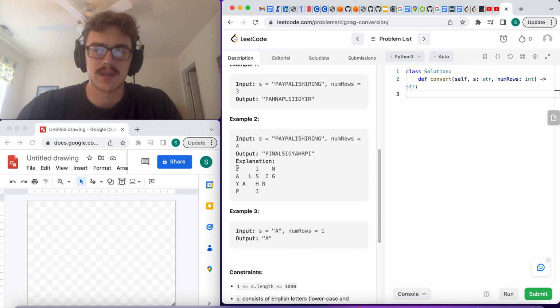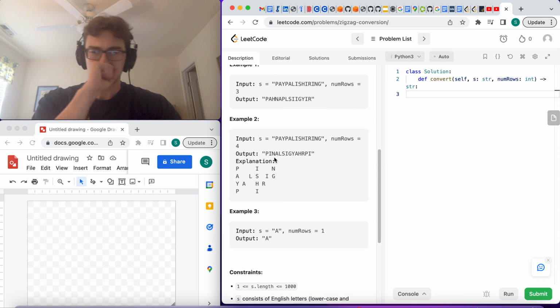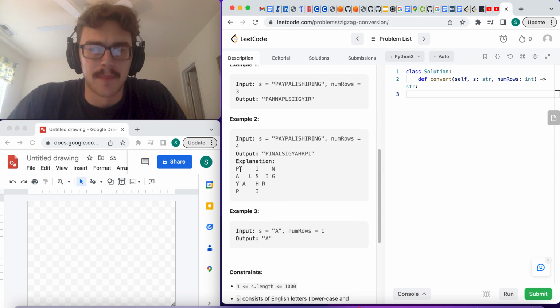But basically, if you look at this, this is the first character that we're going to return in our output. And then this is the second, the I. And if you look, what's the difference in those in the actual string? You can say it's 1, 2, 3, 4, 5, 6.